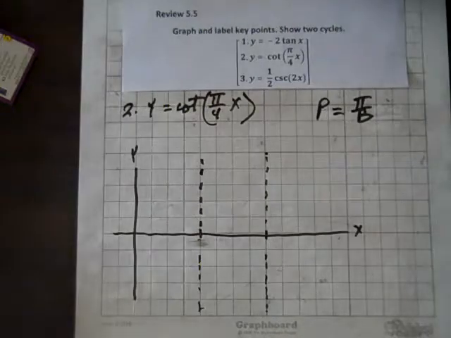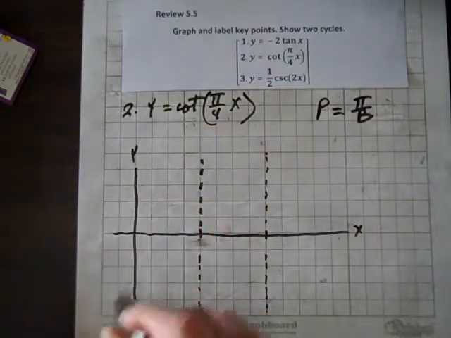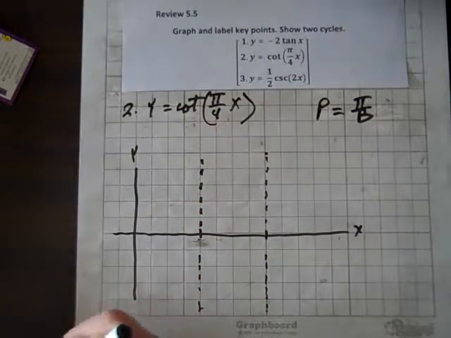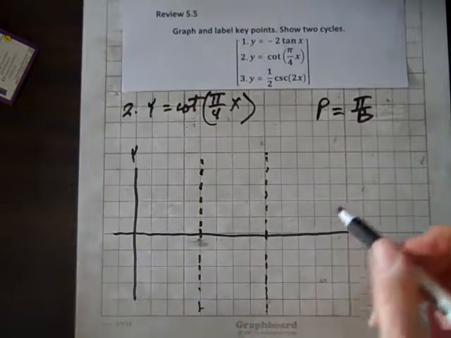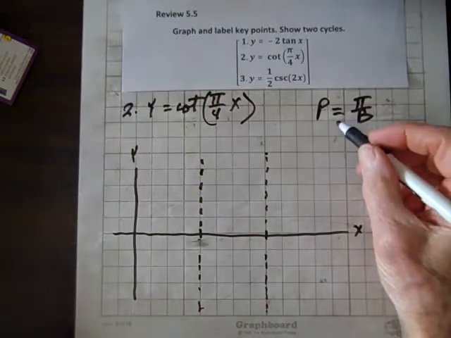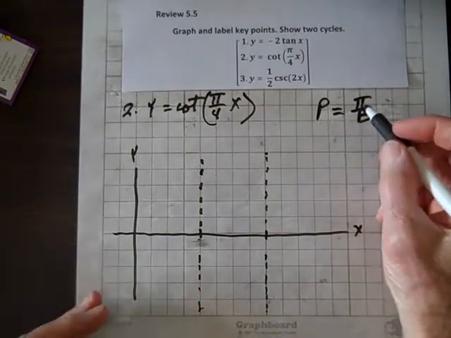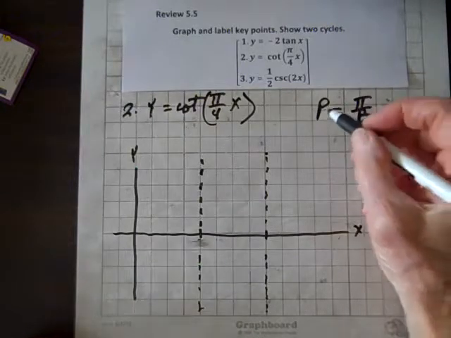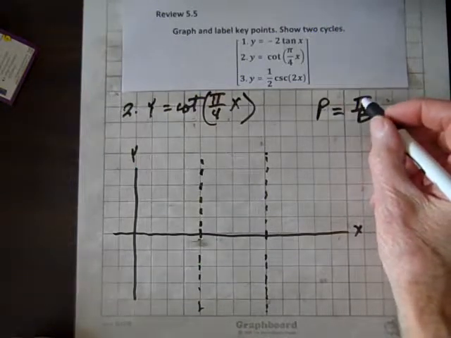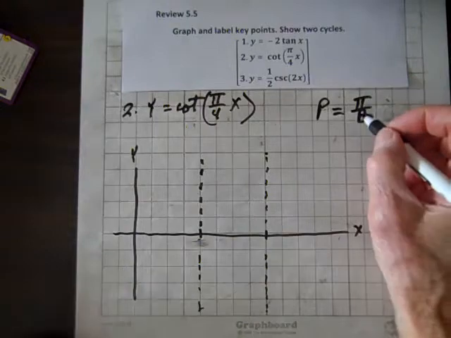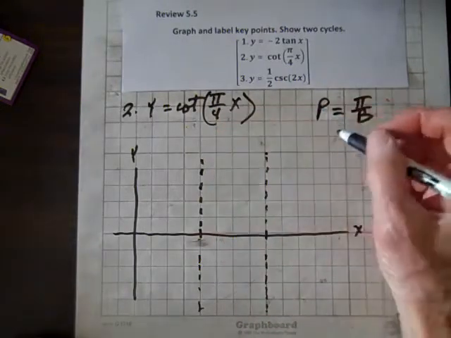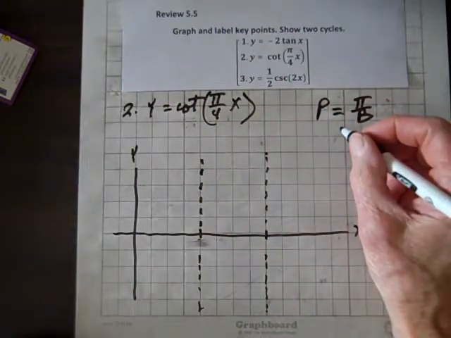Now we're going to graph number 2, y equals cotangent of pi over 4 x. Well, to find the period for cotangent or tangent, either one of those functions, period equals pi rather than 2 pi, just pi over b, where in this case, in the b position, we have pi over 4.